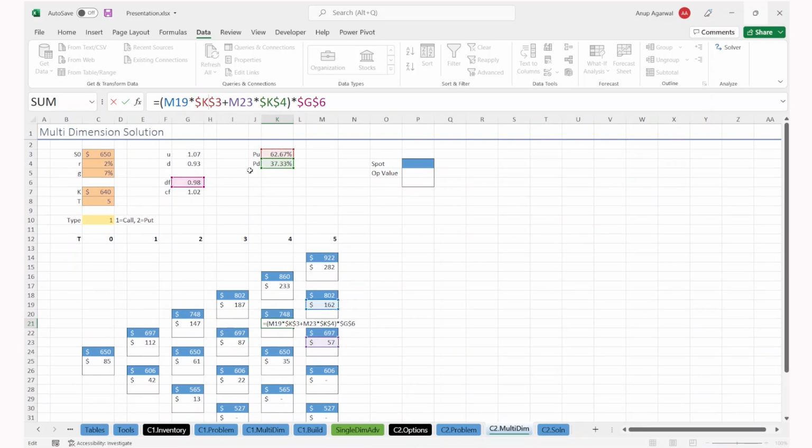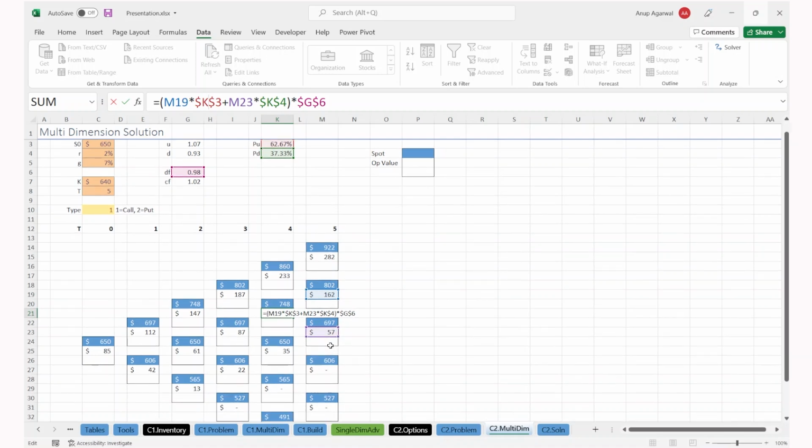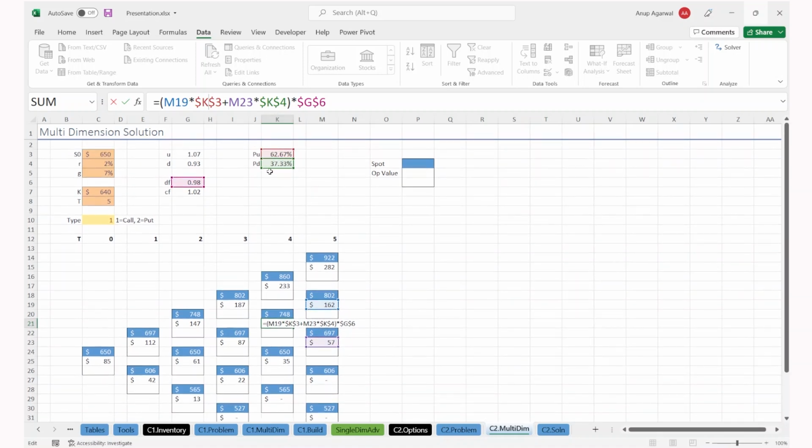This 162 multiplied by 62%, and this 57 multiplied by 37%. That's the weighted average expected value of that option price. Then you multiply it with a discount factor of 0.98 to bring it earlier in time. And this process goes backward all the time, and so you reach a certain option price today.